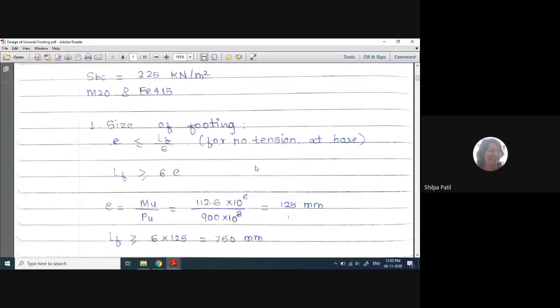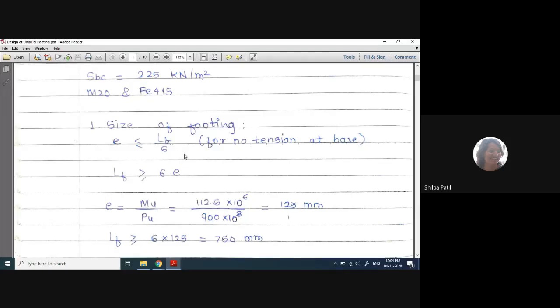And when the eccentricity is calculated, I think you already have considered the middle third rule. You have already learned the middle third rule in SOM. So according to that, if we don't want any tension to be developed at the base, the eccentricity should be less than the longer direction of the footing divided by 6.